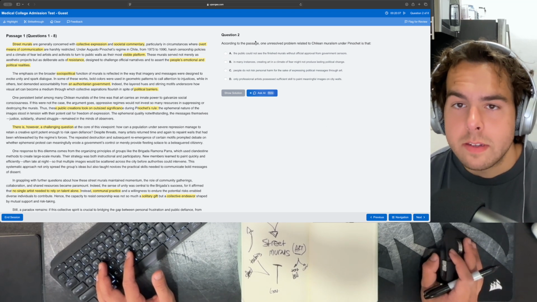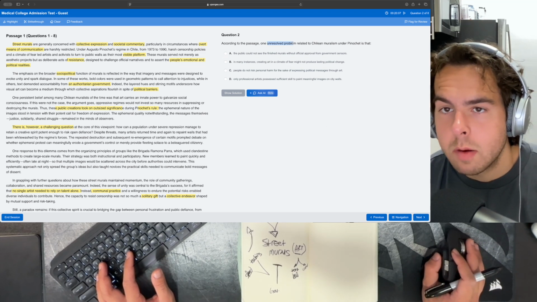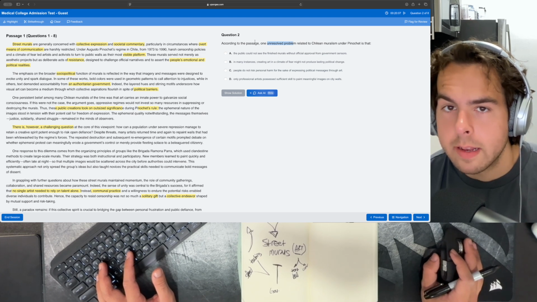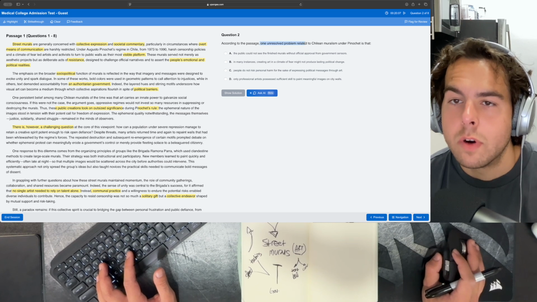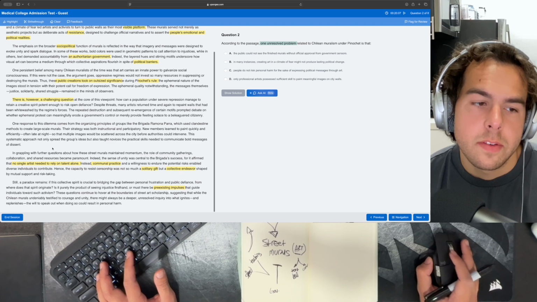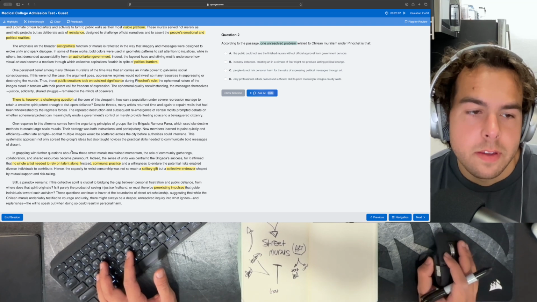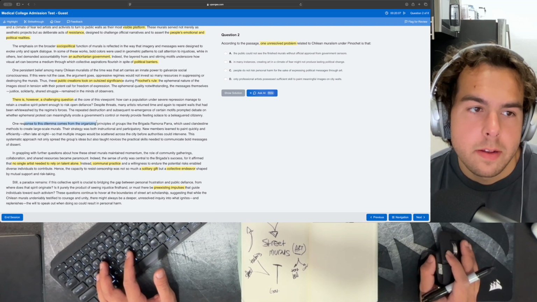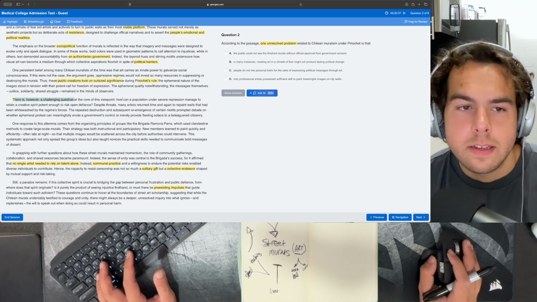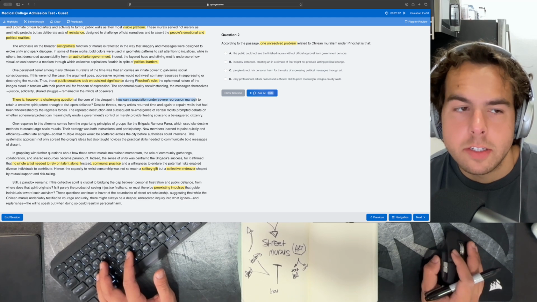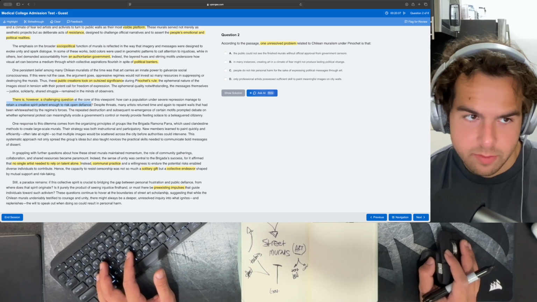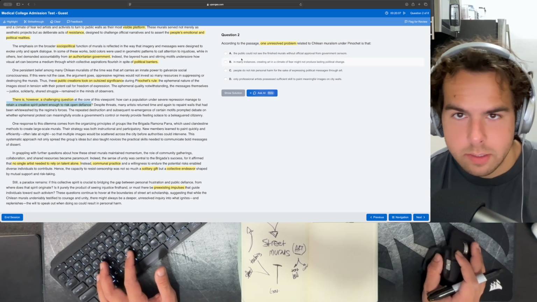According to the passage, one unresolved problem related to Chilean muralism under Pinochet is that... So the one unresolved problem, remember, there's something over here. What response to this dilemma? A challenging question, right? How can a population under severe repression retain a creative spirit potent enough to risk open defiance? Okay.